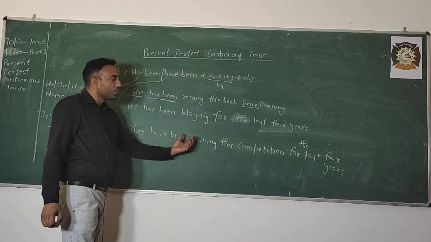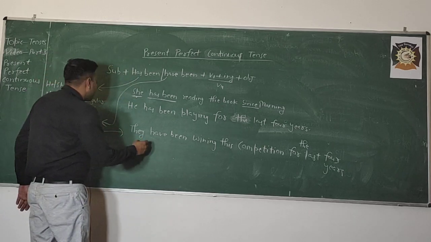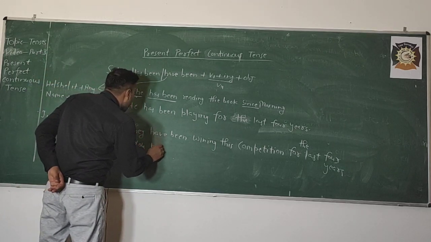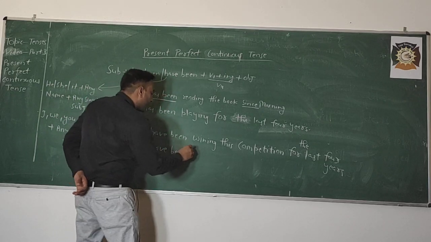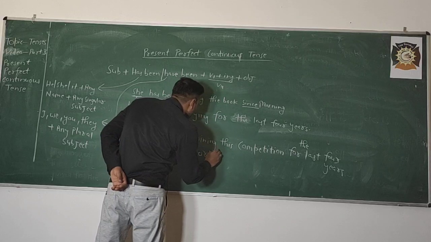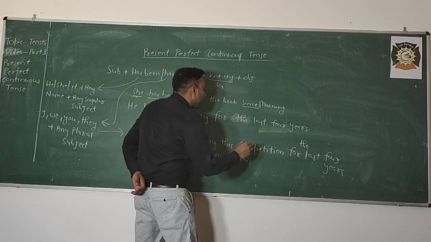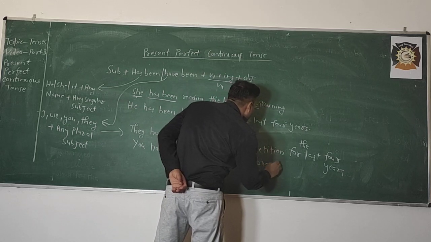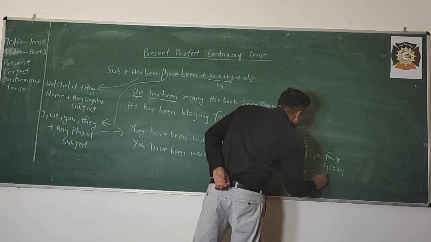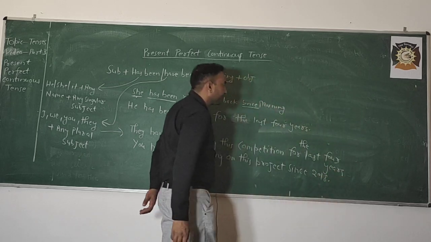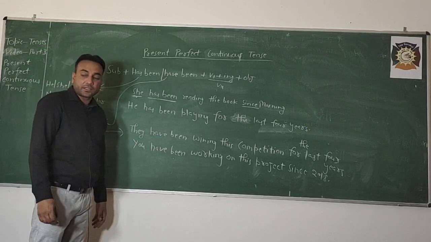They have been winning this competition for the last 4 years. If we say, you have been working on this project since 2018. You have been working on this project since 2018.